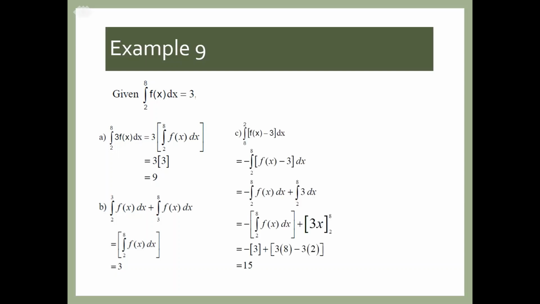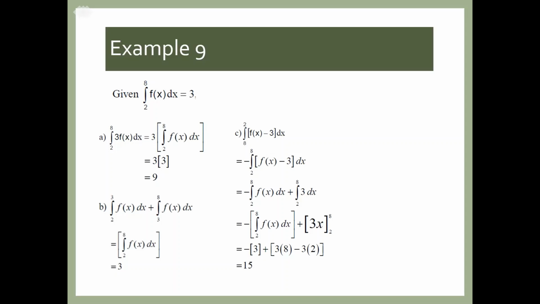For c, as the lower limit is greater than the upper limit, rewrite the integral by interchanging both limits with a negative sign at the front. Then split the integral into 2, becoming negative, integrate f(x) with respect to x from 2 to 8, plus integrate 3 with respect to x from 2 to 8.